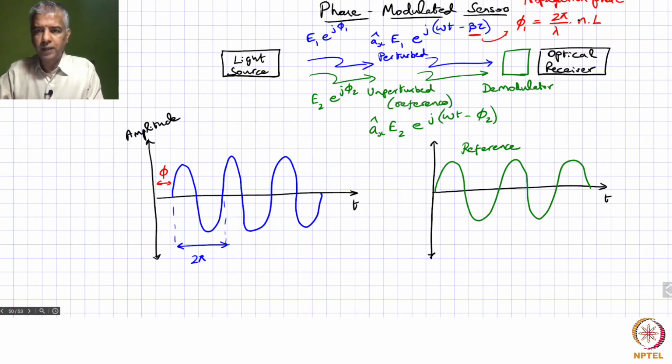We quantified phase as 2 pi over lambda multiplied by n multiplied by L, and then we drew this waveform and all that to represent the wave. But when we draw a waveform like this, what we are essentially saying is it has a very specific frequency, and then it corresponds to a very specific lambda. And so essentially what we are alluding to in all this discussion is a monochromatic source, right?